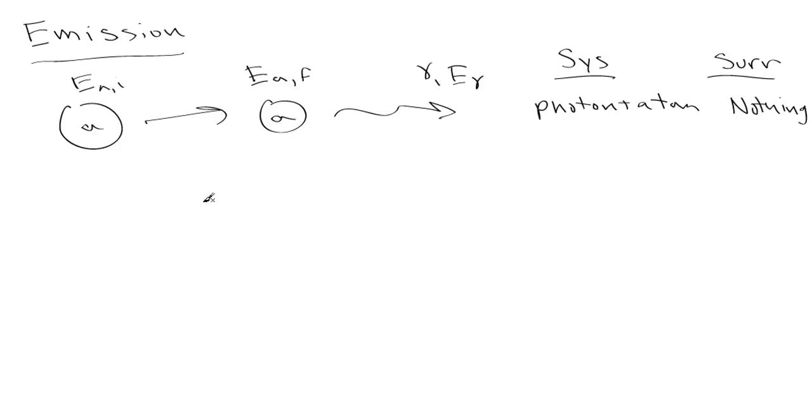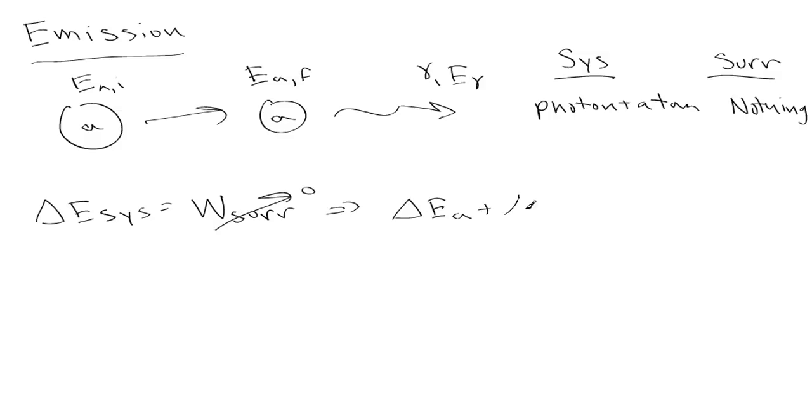we have that the change in energy of the system is equal to the work done by the surroundings. Again, it's identically zero, and so the change in energy of the atom plus the change in energy of the photon is identically zero.